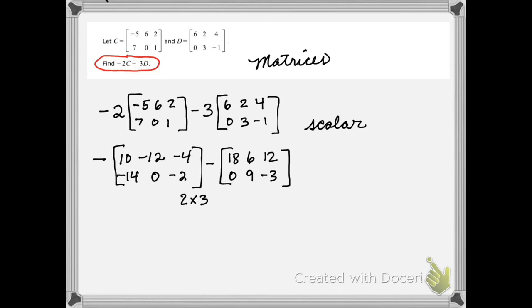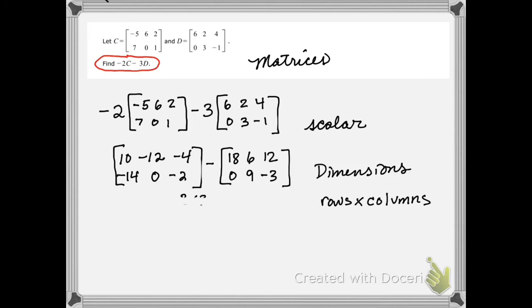When I talk about the dimensions of a matrix, I always say how many rows there are by how many columns there are. And that's the dimensions of a matrix. In order to be able to add or subtract two matrices, they have to have the same dimensions.